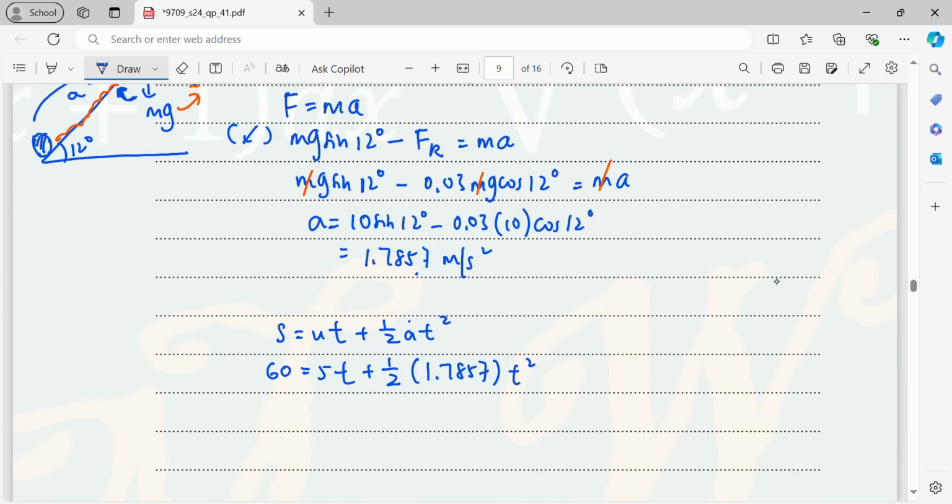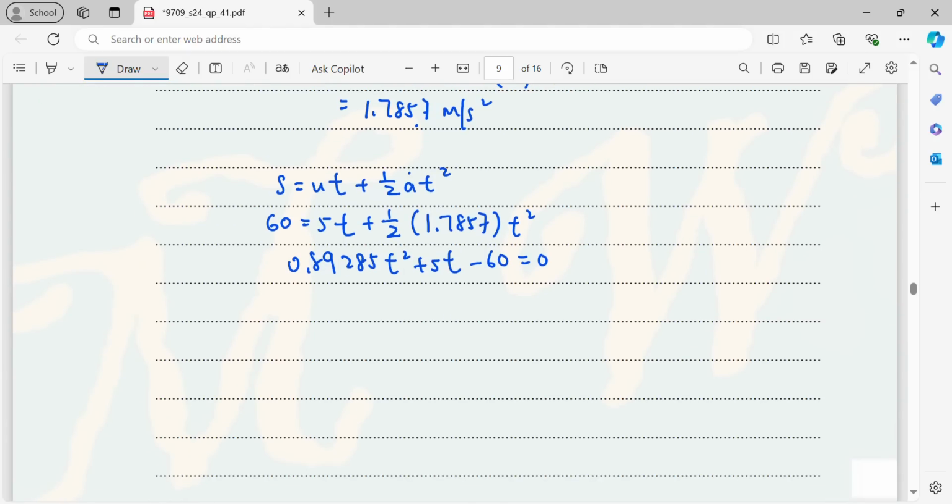When you simplify and rearrange, I get 0.89285 t squared, half times 1.7857, plus 5t, and the 60 moves to the other side, becoming minus 60 equals 0. Now to find the t, this is a quadratic equation.